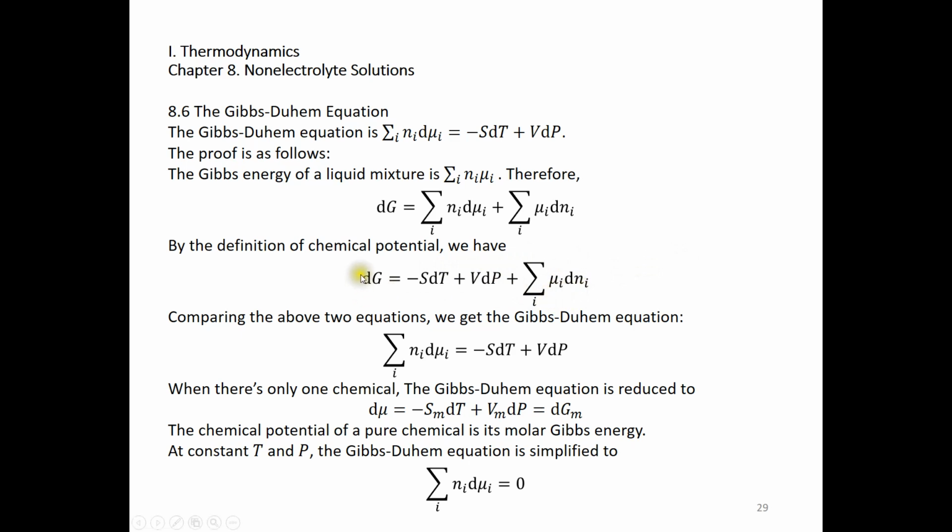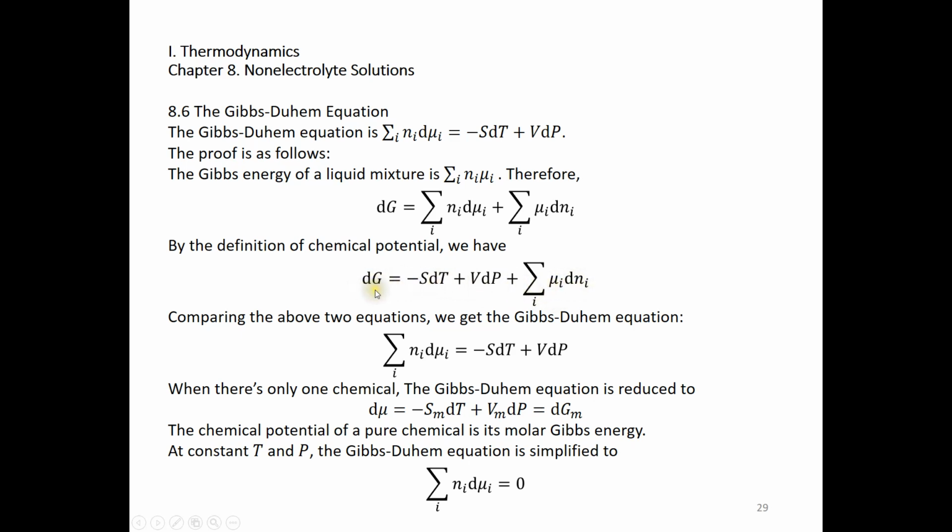Therefore the integral of dG is the sum of mu i times the integral of dNi. The integral of dNi is simply Ni in the end, and therefore delta G is the sum of mu i Ni.